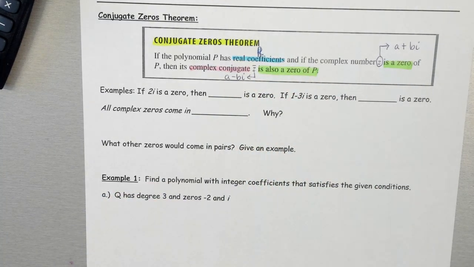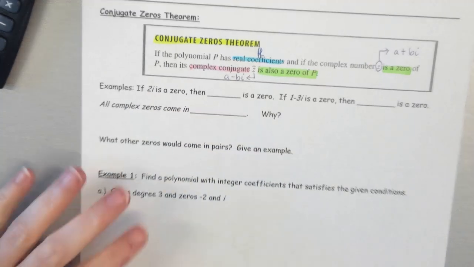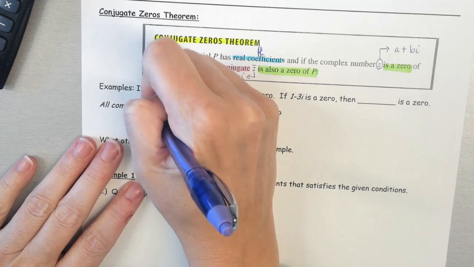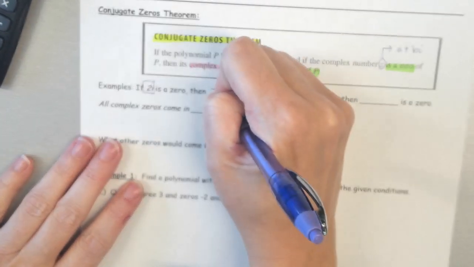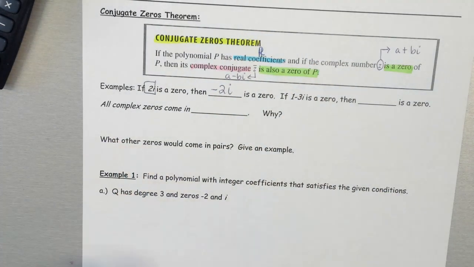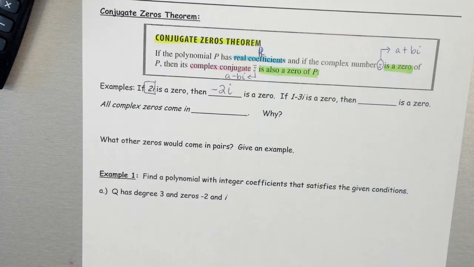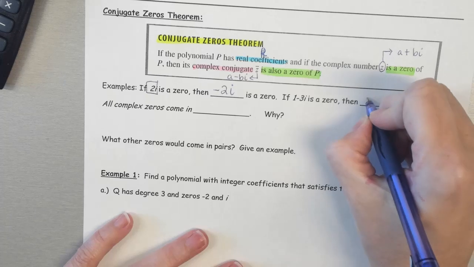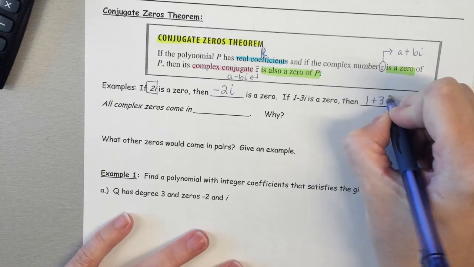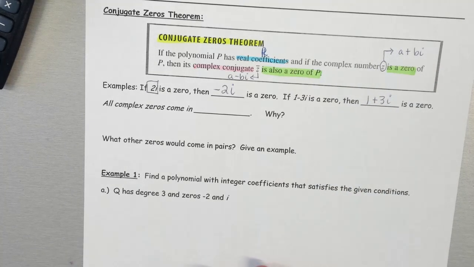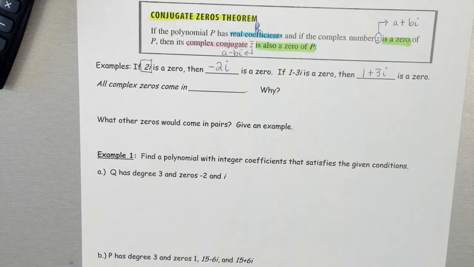All right, so what that means is if 2i is a zero of the polynomial, then negative 2i is also a zero. If 1 minus 3i is a zero, then 1 plus 3i is a zero. Which means all complex zeros come in what? Pairs. Yay.